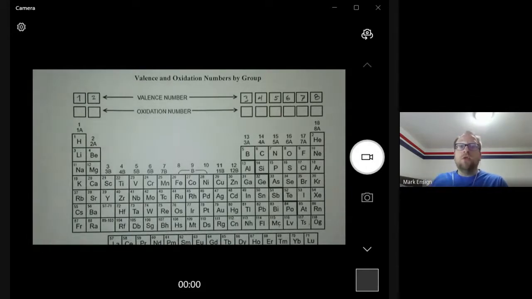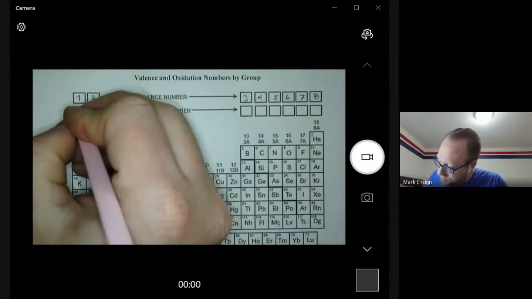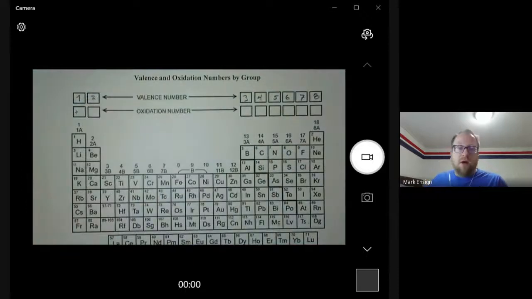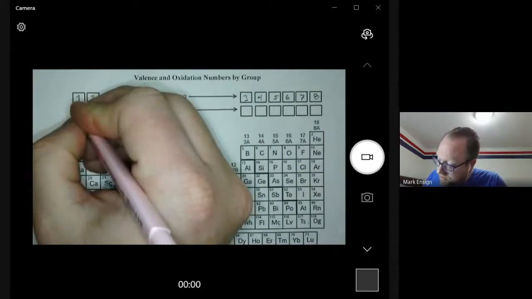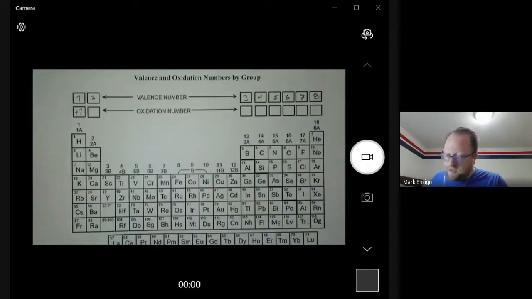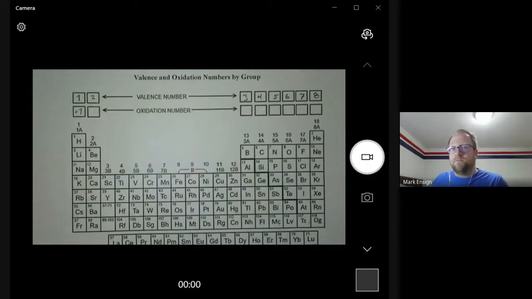And when you lose 1 electron, remember electrons are negative. So when you lose an electron, the atom is going to become more positive. So the oxidation number here is going to be positive because it's losing negativity. When you lose negativity, you become more positive. So it's plus, how many electrons is it losing? Well, it's losing all of its valence electrons, so plus 1.